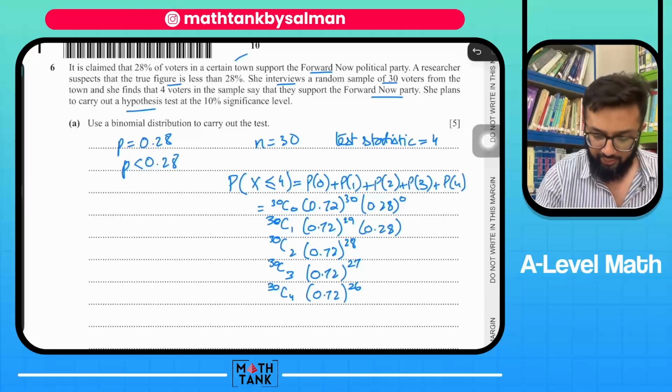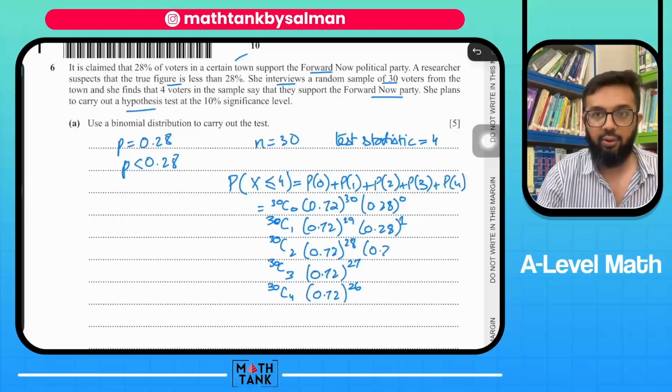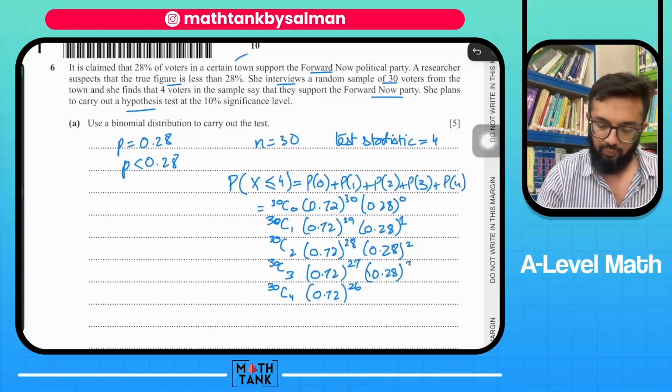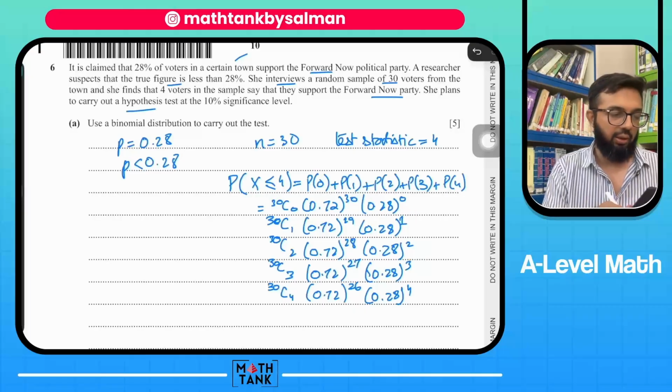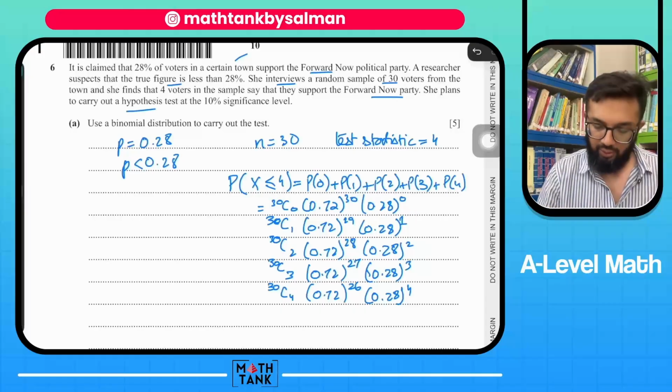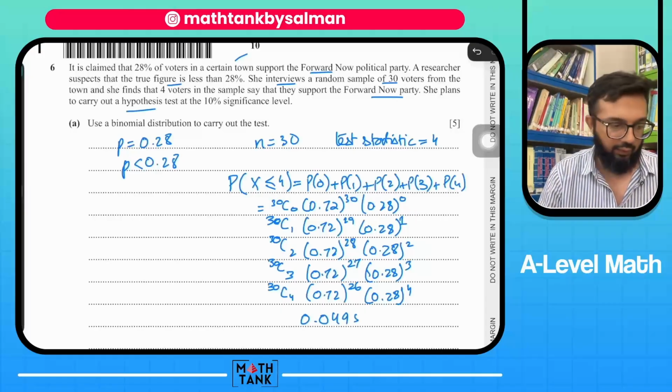I know that my calculator can accumulate, so I'm going to do that right after I'm done writing. Okay, so my calculator is giving me an answer from the cumulative distribution. I want to accumulate up till 4, with 30 and 0.28. Okay, so my answer is 0.0495.